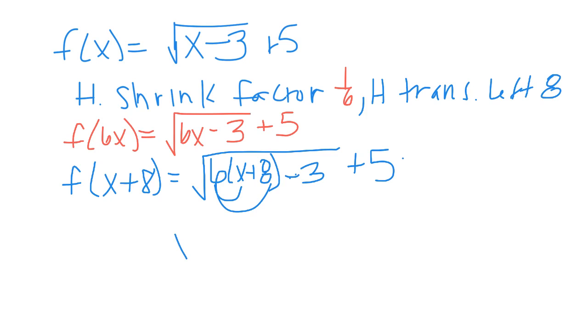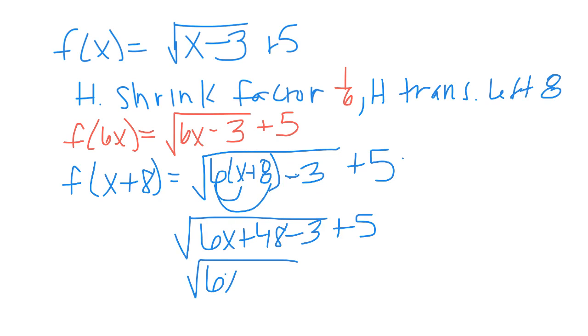So we get the square root of 6x plus 48 minus 3. And then we can simplify: square root of 6x plus 45, plus 5. So it's important that you don't forget to distribute here and take the time to write it in your function notation.